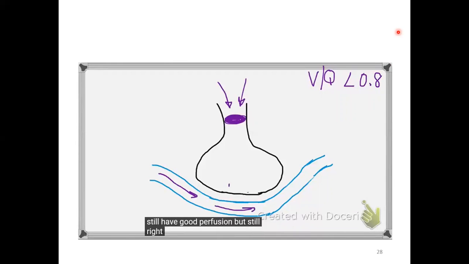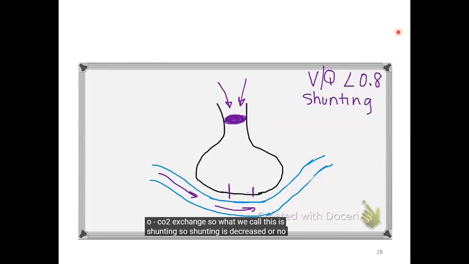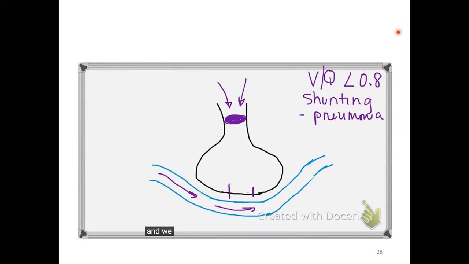But still, right here, we're not going to have good O2-CO2 exchange. So what we call this is shunting. So shunting is decreased or no ventilation but good perfusion. And we see this in diseases such as pneumonia, and we can also see it in asthma.